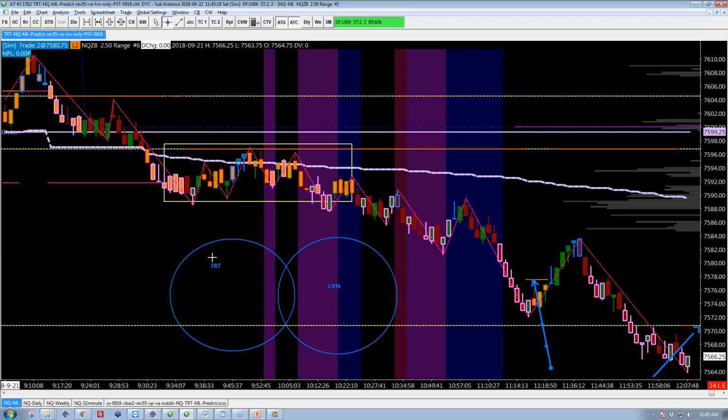You're basically bouncing off or blasting through, and that's the majority of time what's happening. Not always. Low volume nodes become non-low volume nodes because price hangs around there, so that happens. But at the edge, it's a different story.